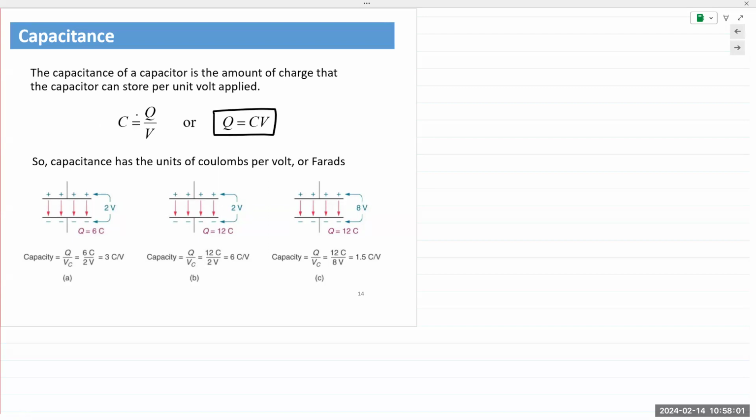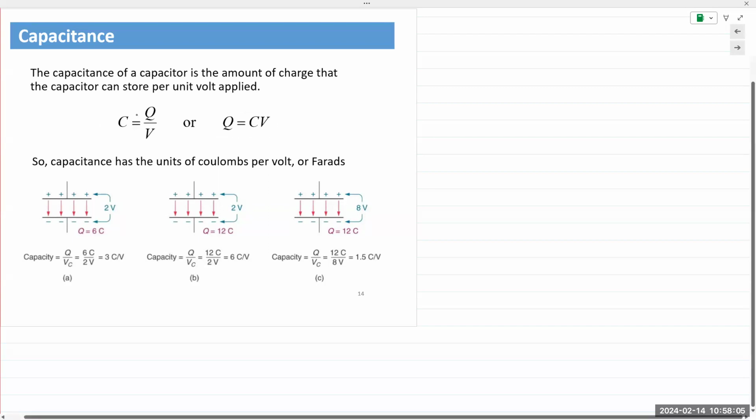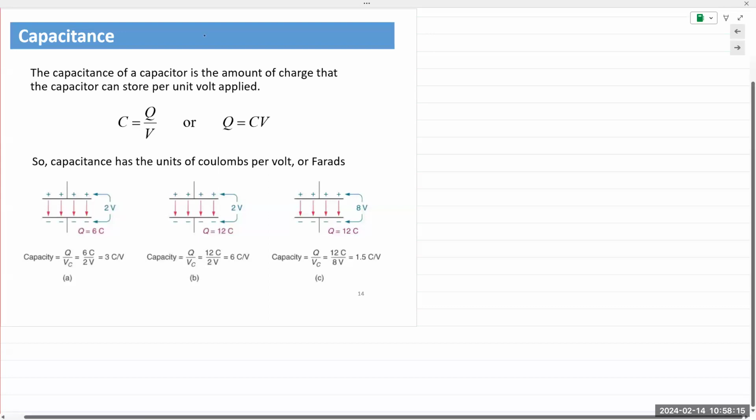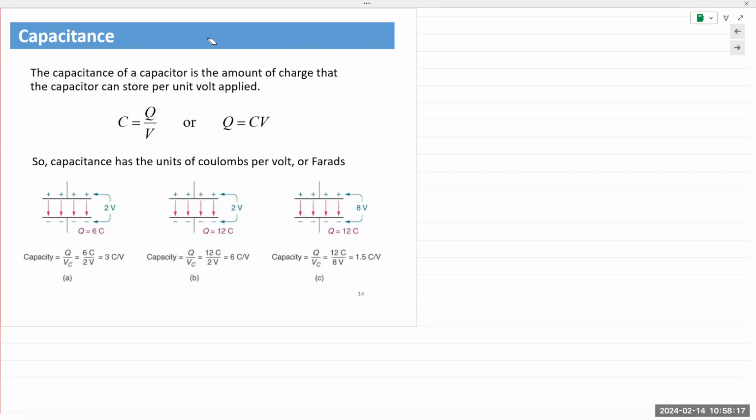This is where the capacitor equation comes from. Q is charge, the rate of flow of charge, dq over dt, is current I, and that gives you C dV over dt. But anyway, look at these three examples.